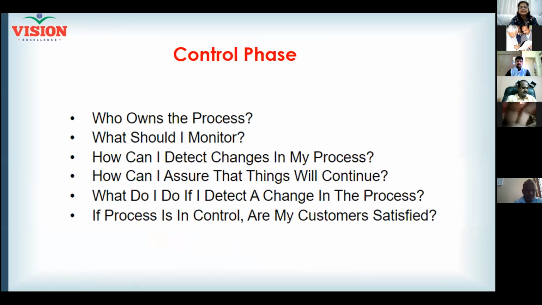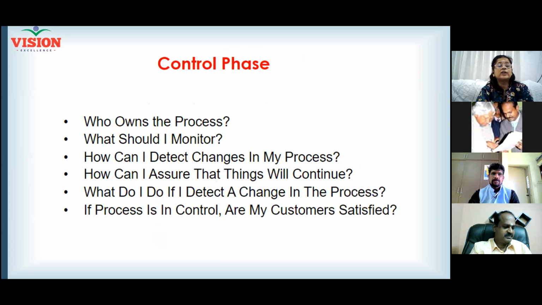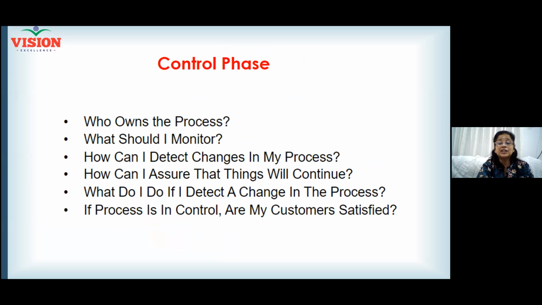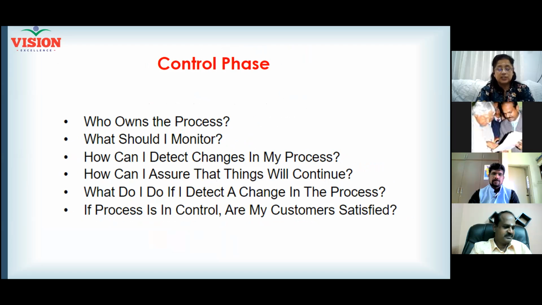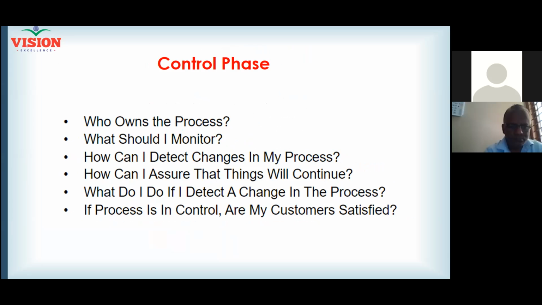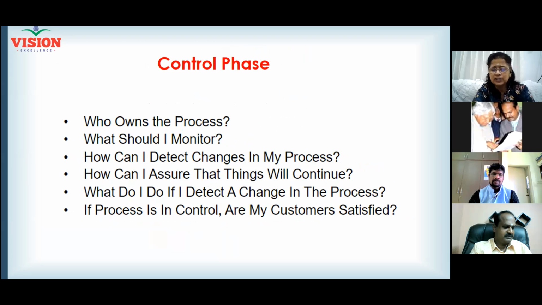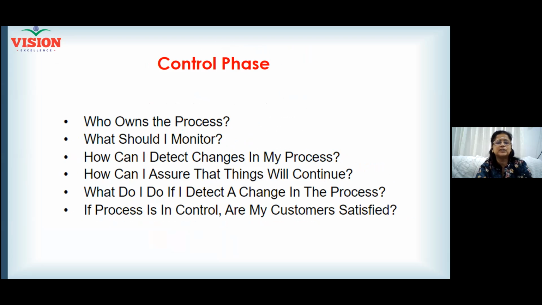So control phase is nothing but the entire storyboarding of who owns the process, what should I monitor, how can I detect changes in my process, how can I assure that things will continue the way that we had planned in our define and all the stages up to the improvement phase, how that can be made to exactly be in place, and what do I do if I detect a change in the process.